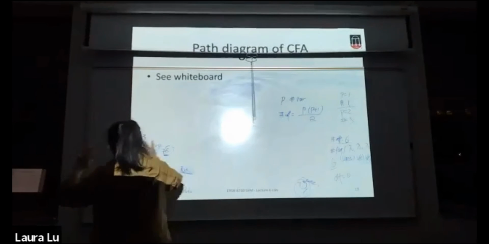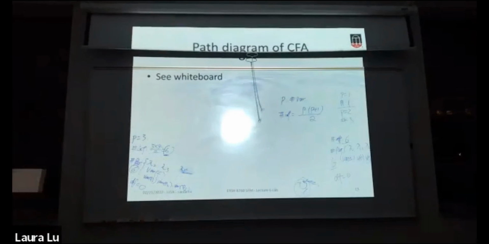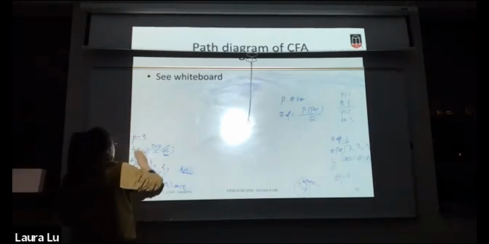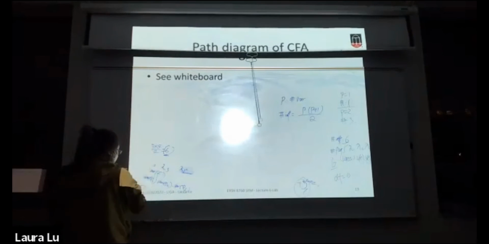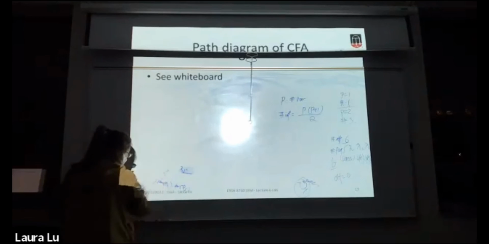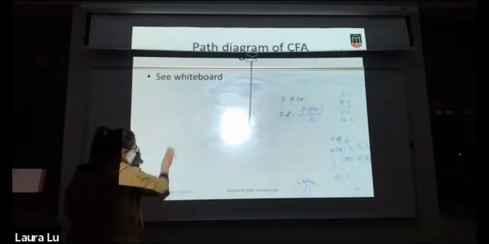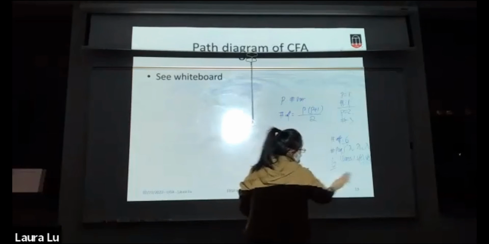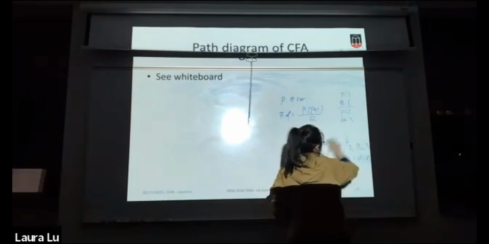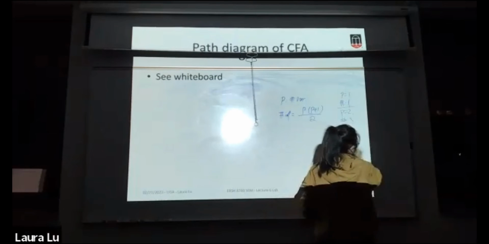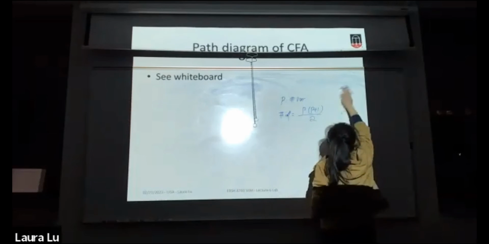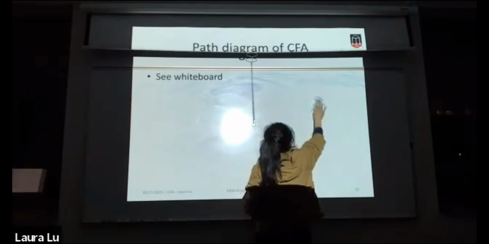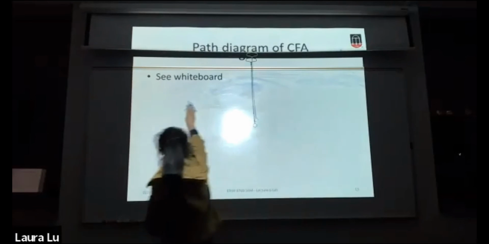For EFA, we don't have any existing model. We just try to estimate each factor loading and see if it's big enough for us to keep. For CFA, I have already got this pattern, this factor structure. I only need to follow that structure to write out the path diagram.